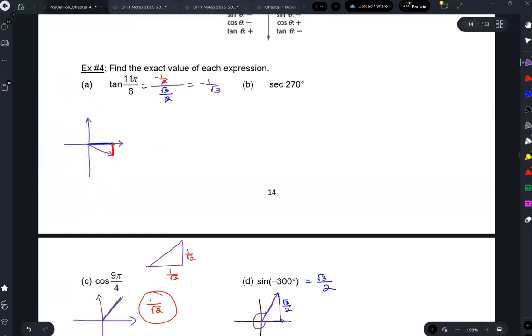Okay, which one didn't we do? Secant of 270. Where is 270 on here? Quadrantal angle. Here. What's a good corner point there? 0, -1. Okay, secant, what is that like? Cosine. So what would this be?